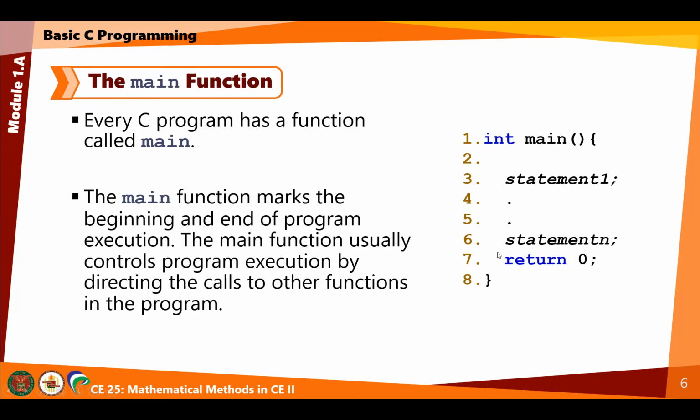This return 0 is just attached to your program to know that somehow your program performed correctly. Pero this is not required naman. This is just what is traditionally done in the main function. It's just a good coding practice.